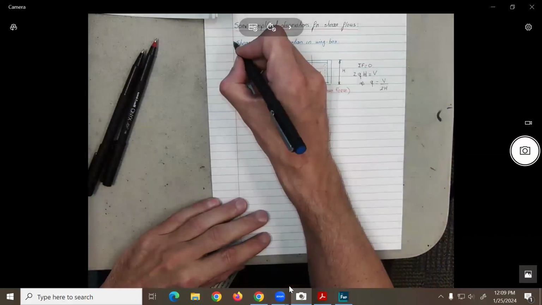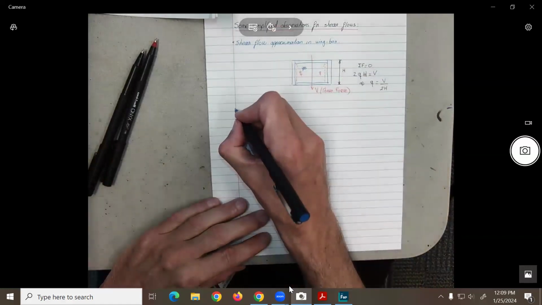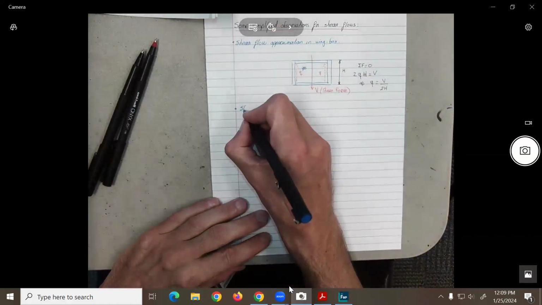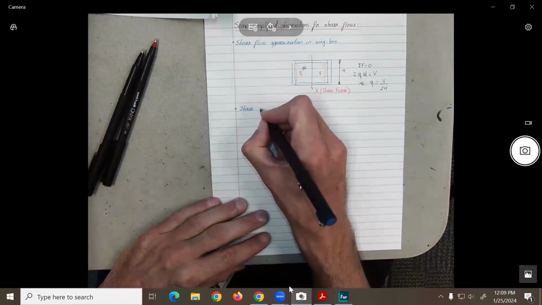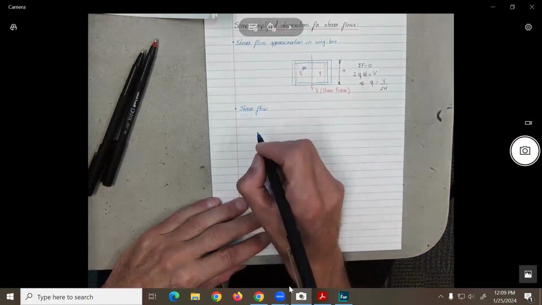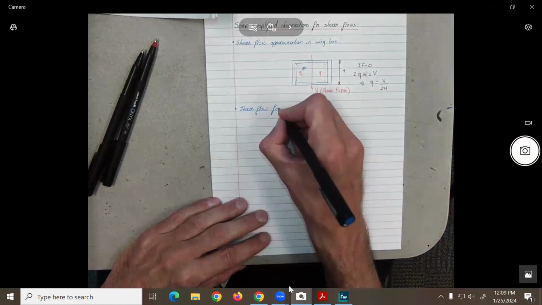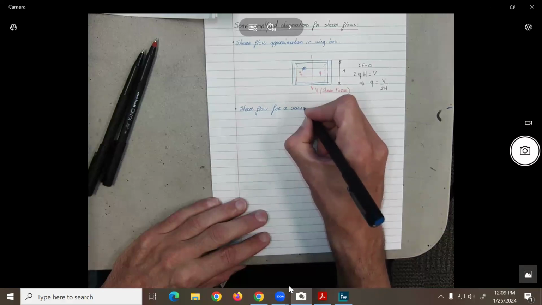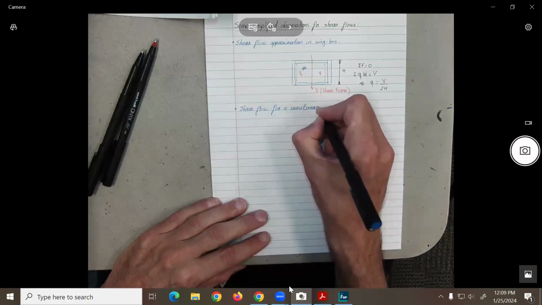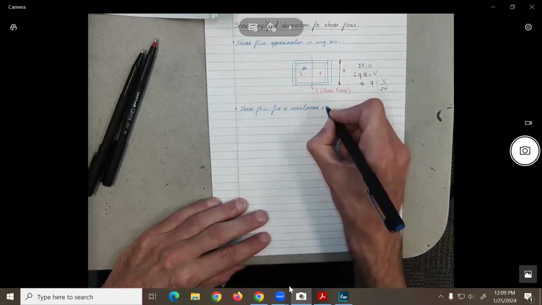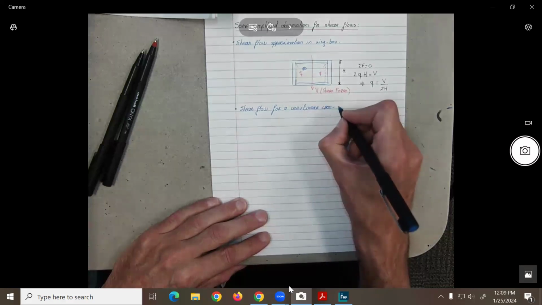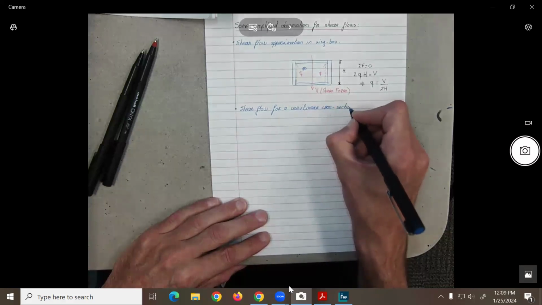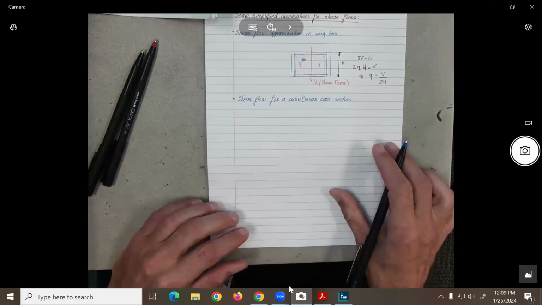The next one is shear flow for a curvilinear cross section.